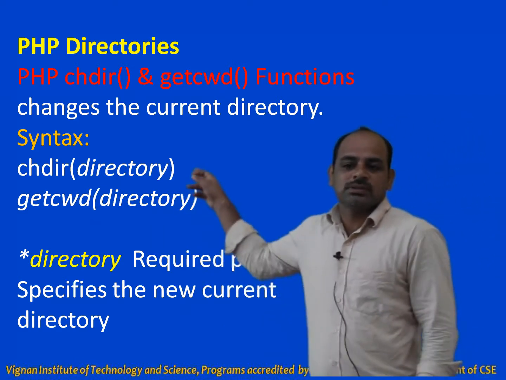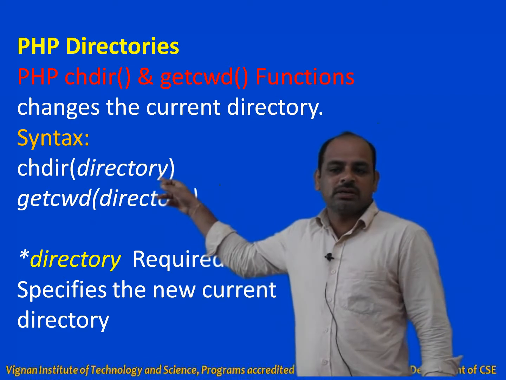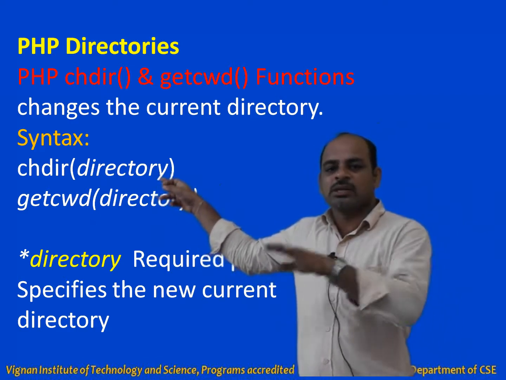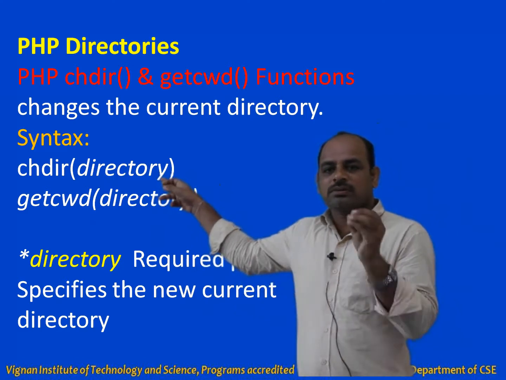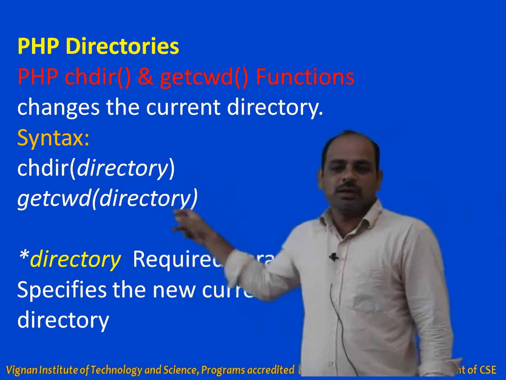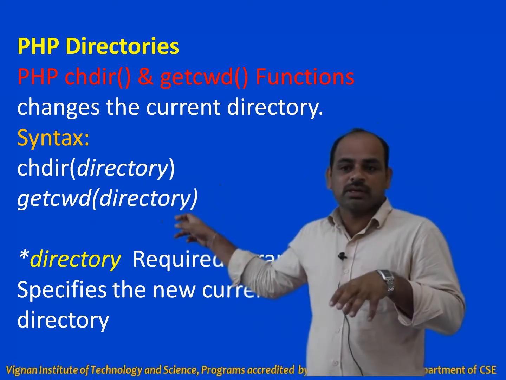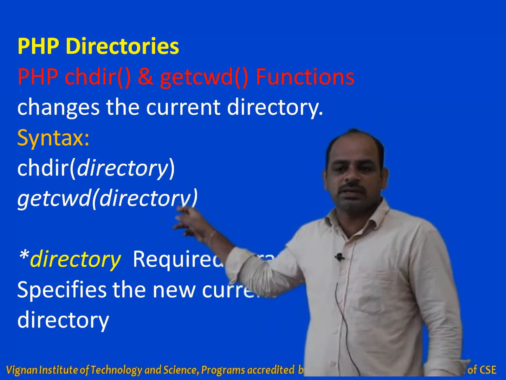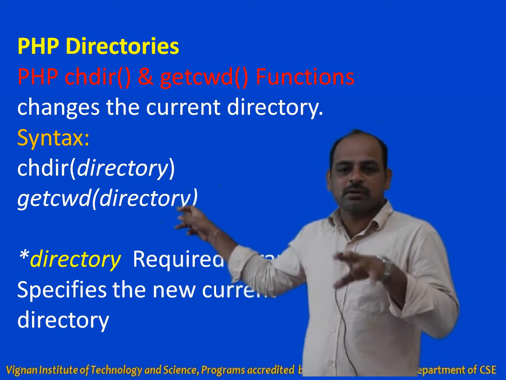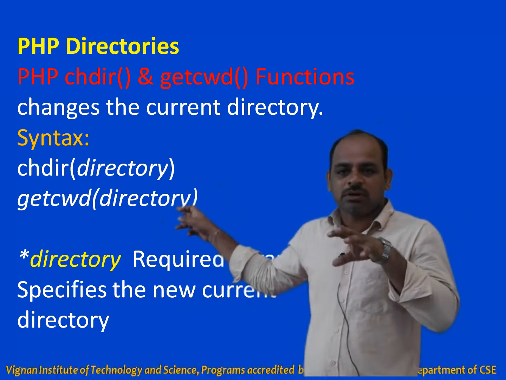The required parameter specifies the new current directory. That means the chdir function changes from the current directory to the new directory, so we have to give the new directory name here. For getcwd, the directory parameter is optional, not mandatory.